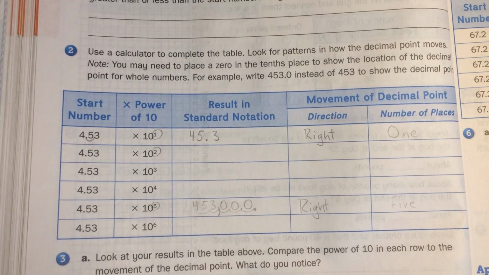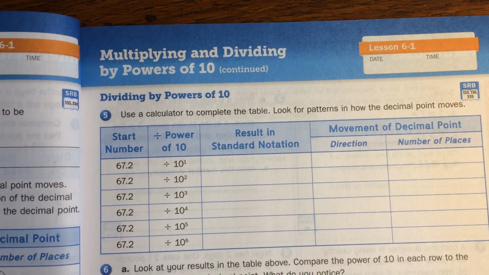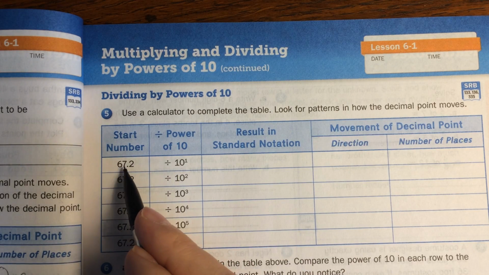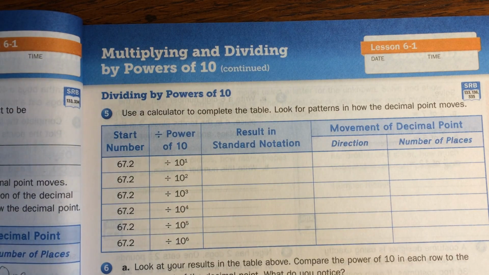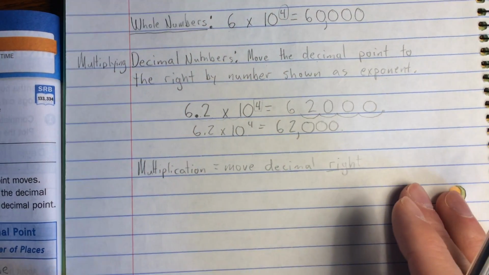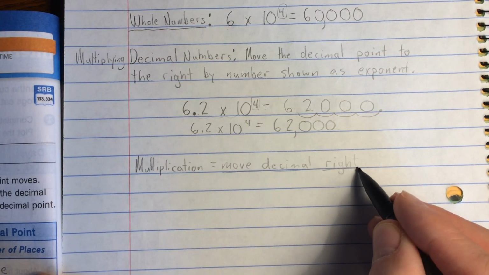So let's shift over to page 197. Okay, so you're going to notice that we have a very similar table. Instead of 4.53, we're now dealing with 67.2. Can I show you how to do this in like one quick sentence? Remember how multiplying decimals by the power of 10 meant moving the decimal right?